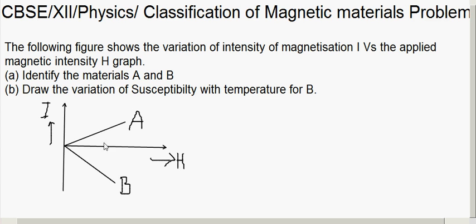For material A, the susceptibility is positive and small. That is why you can say that material A is paramagnetic. But for B, I by H will come negative. Negative susceptibility means that the material is diamagnetic.